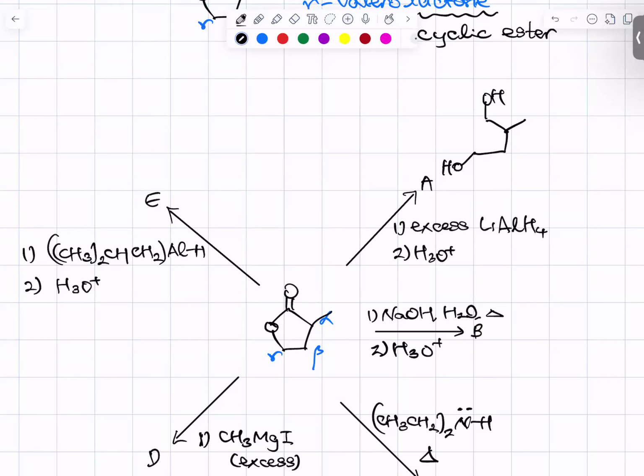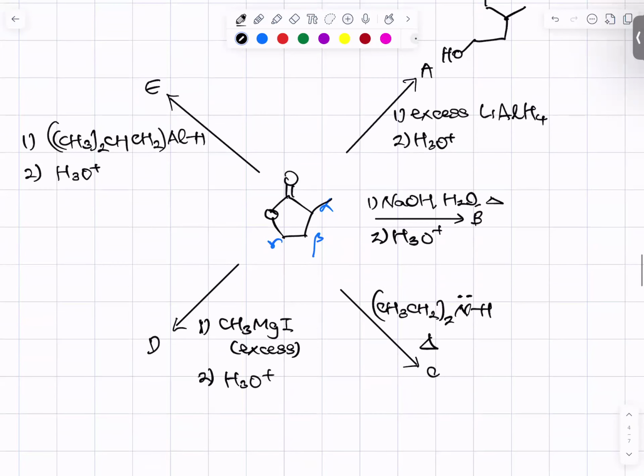Okay, and then B, NaOH. So the second one is base catalyzed hydrolysis. Hydrolysis is very important. So make sure you understand how to draw the mechanism and how to figure out the product of hydrolysis.